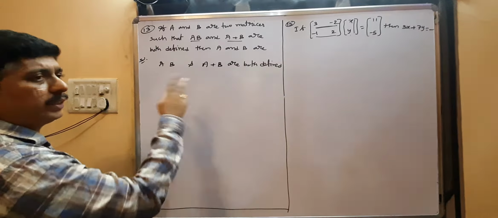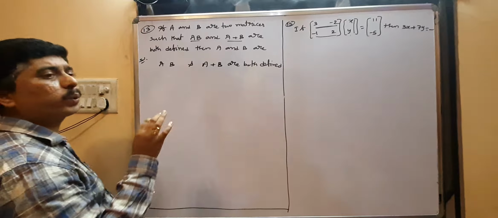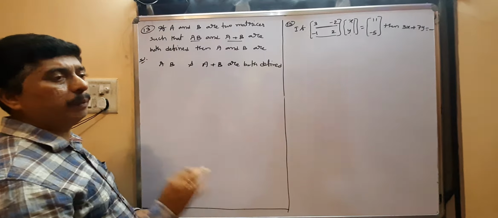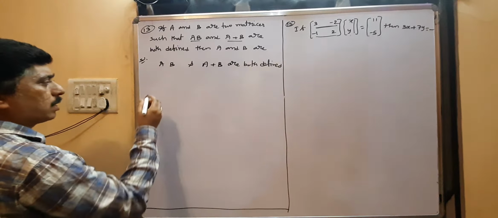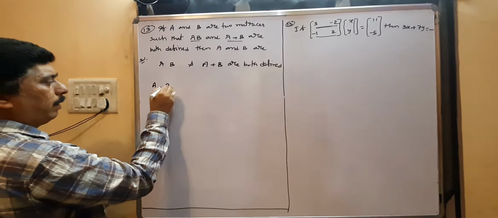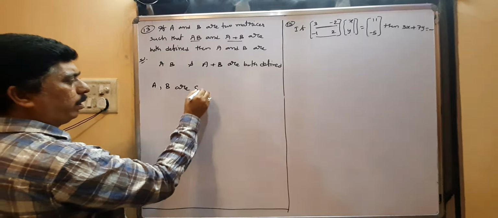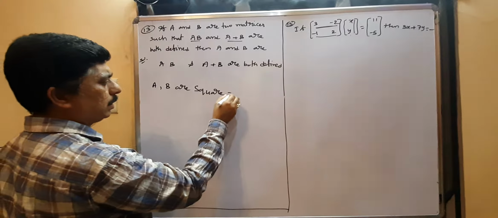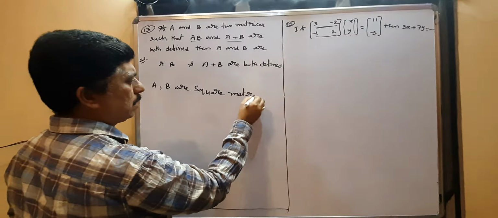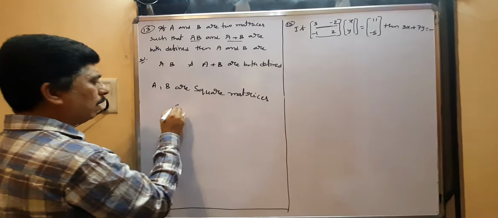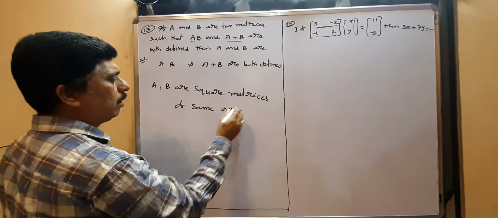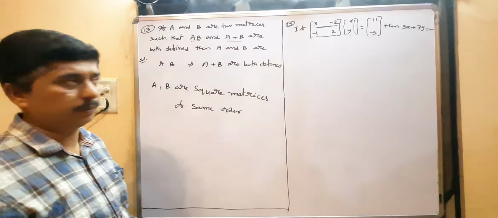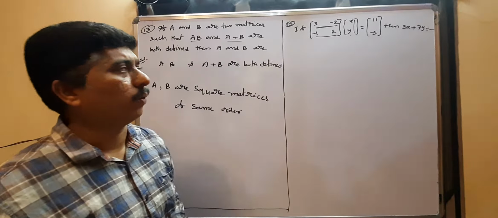Both existing means both should be square matrices of the same order. Otherwise it is not possible. So the answer is A, B are square matrices of the same order. Otherwise it does not exist.